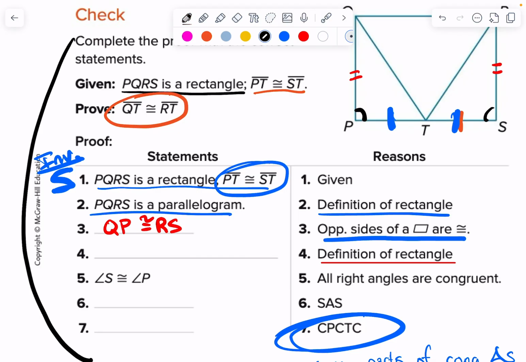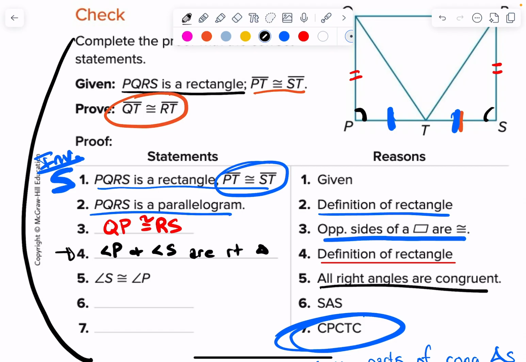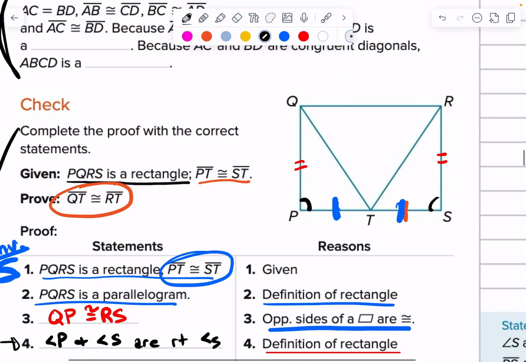Angle S and angle P, because all right angles are congruent. So we must have said in step 4 that angle P and angle S are right angles. P and S are right angles because it's a rectangle, right? We know that that's a right angle if it's a rectangle.